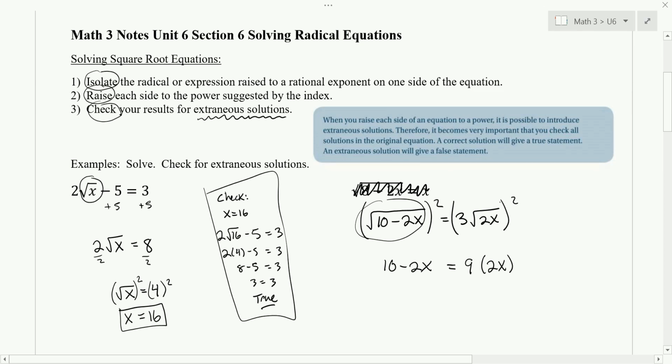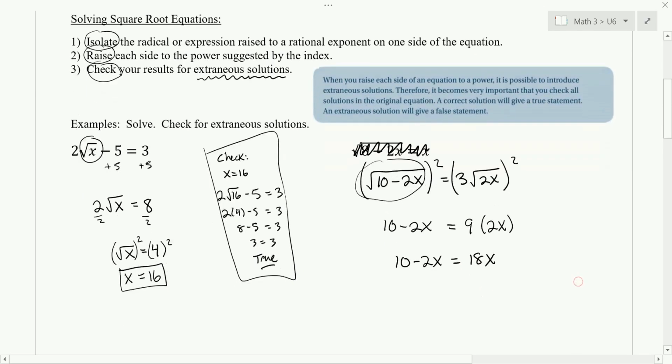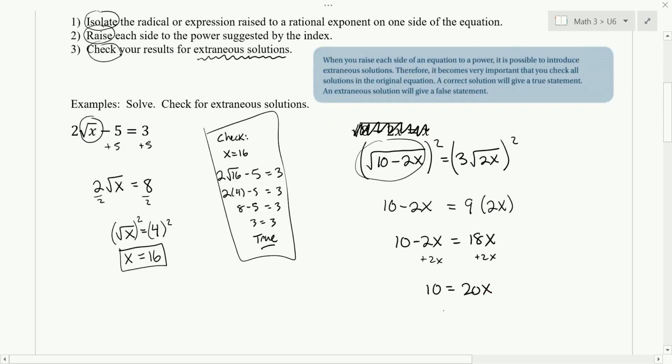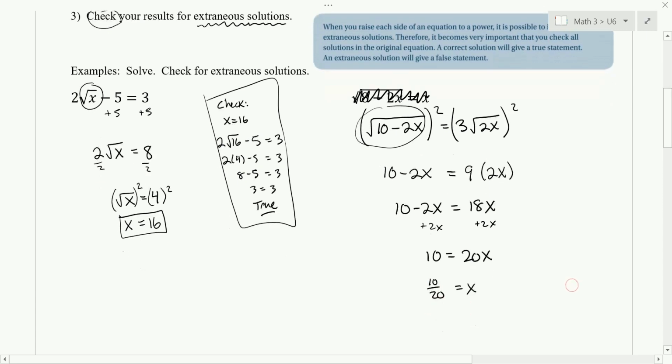And so now we have 10 minus 2x equals 18x, and we solve for x. I'm going to add 2x to both sides and get 10 is equal to 20x. Then divide by 20, and you end up with 10 over 20 is x, but that's just x equals 1/2.